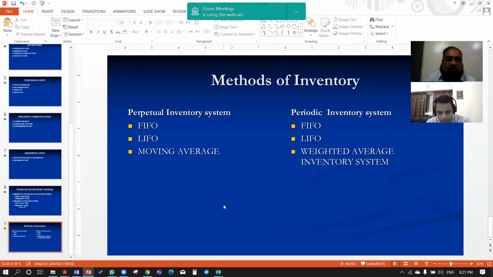In physical stock taking, we count how many units and what the value of inventories is. In that, it's possible there might be slow moving inventory, fast moving inventory, or obsolete inventory.